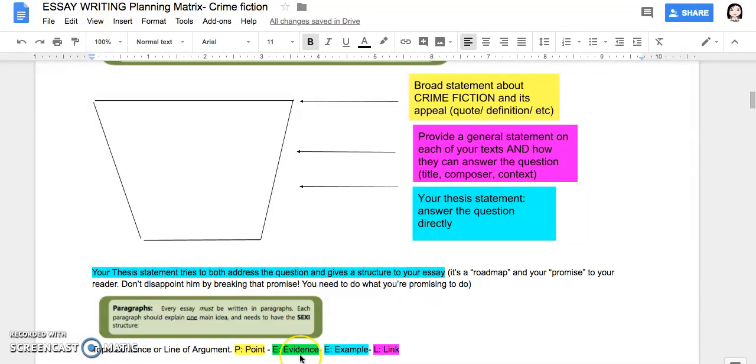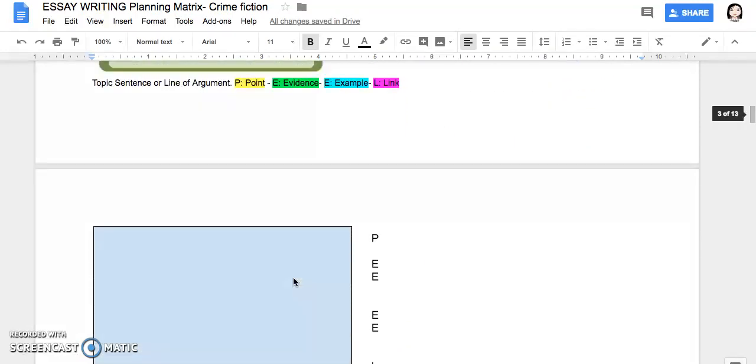PEEL stands for point. First I like to say there's a topic sentence or line of argument, then I go into my points, my evidence, example, and my link back to my topic sentence and my main lines of argument, which is my thesis statement, which I propose here at the bottom of my trapezium.